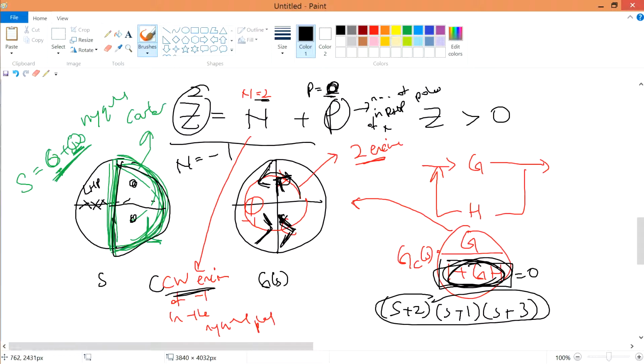If there is 1 loop anti-clockwise, then it's -1. If there are 2 loops, then it's -2. If you're talking about clockwise, just now it was counterclockwise, so it's negative. So CCW, counterclockwise, is equal to negative. Clockwise is equal to positive N.